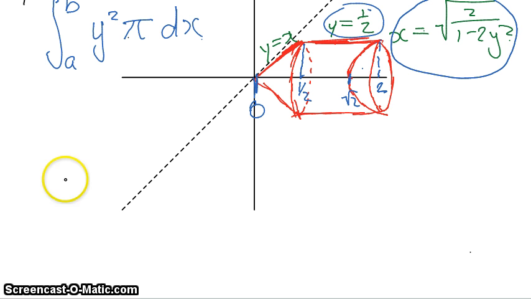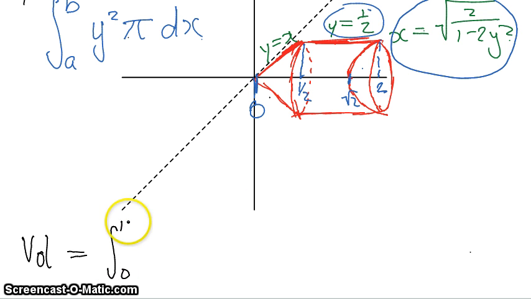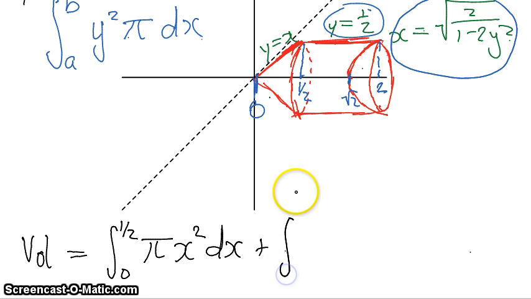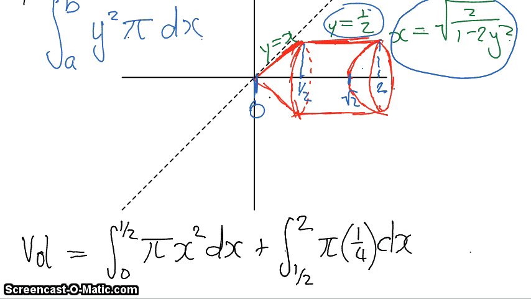That means that the volume of revolution that I want is going to be the integral from 0 to a half of pi y squared, where y is x, so pi x squared dx, plus the volume from a half to 2, where y is now equal to a half, so this is going to be pi 1/4 dx. And then I need to rearrange this last one to find out what y squared is equal to.